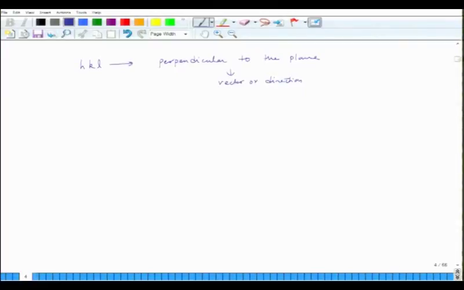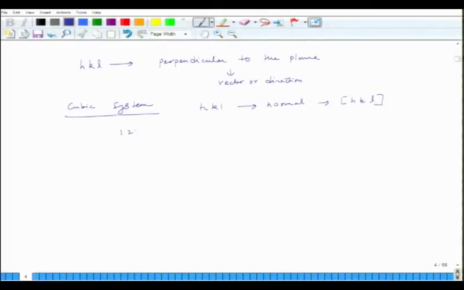So, for cubic system in general, HKL plane normal is direction HKL.